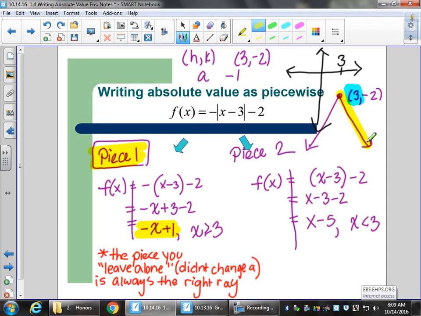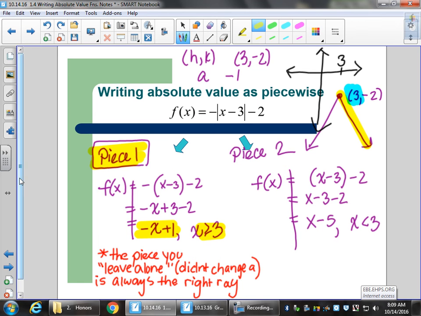Way back, like 2 weeks ago, if I asked you what is the domain restriction on this ray, I would read it left to right and say 3 and bigger, or x greater than 3. Just looking at domain. We've been doing domain all year, it's just domain like we've been doing for every other graph. Yes? We'll practice another one.